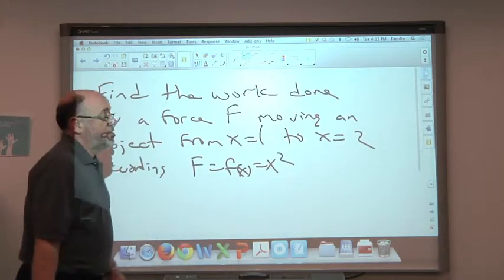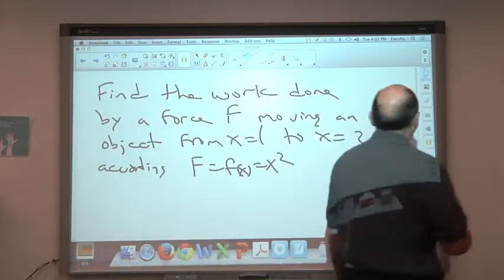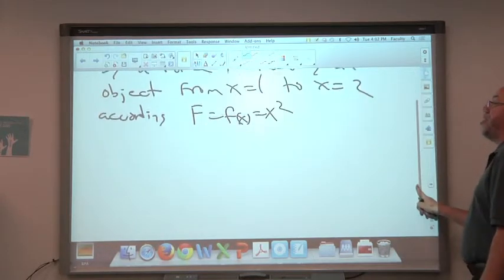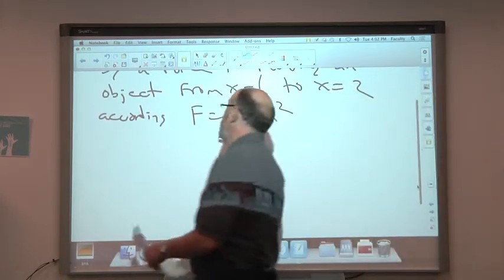Okay? So really all we want to do is we have our function, which is x squared, and we want to integrate it from 1 to 2.